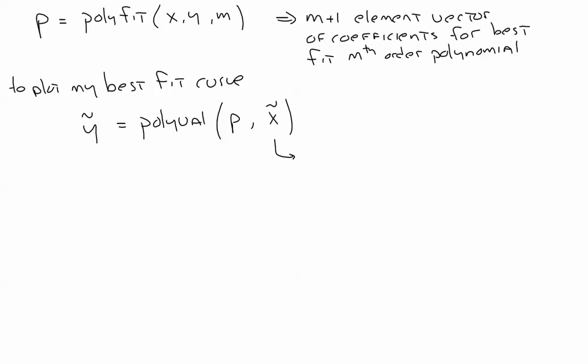I'm not trying to be mysterious. X tilde is an extended range of x values. It doesn't necessarily have to be just the x data points. It could be an extended range of values over which you'd like to plot your best fit curve.